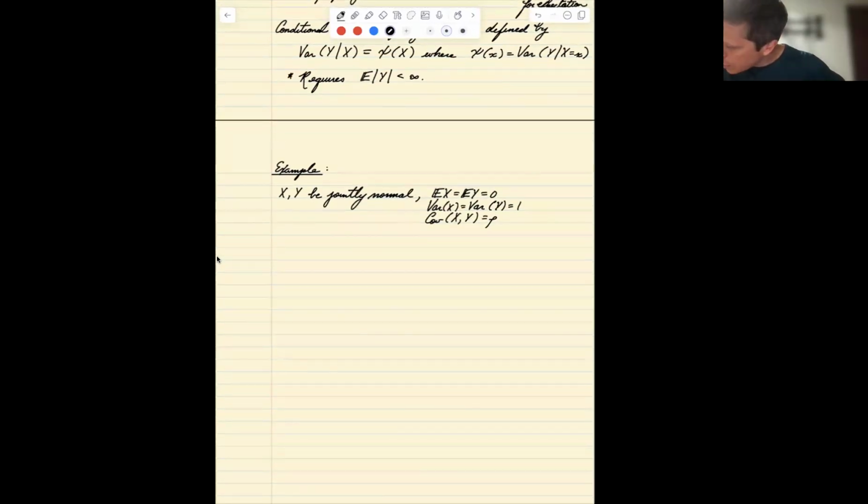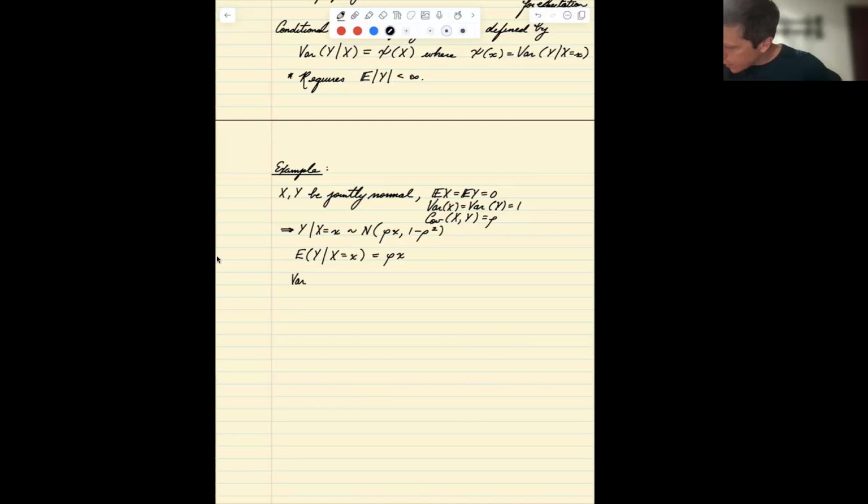Then we already know from before that the conditional distribution of y given a particular value of x is normal with mean rho x and variance 1 minus rho squared. The conditional expectation of y given X equal to little x is rho x.